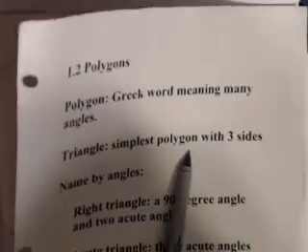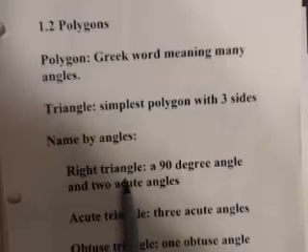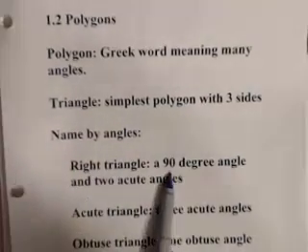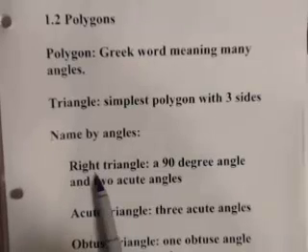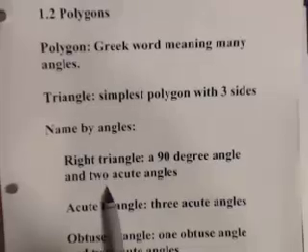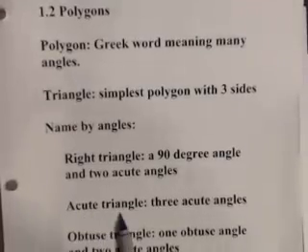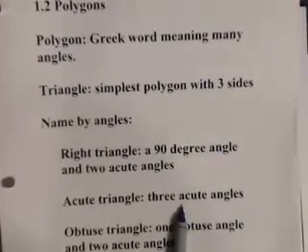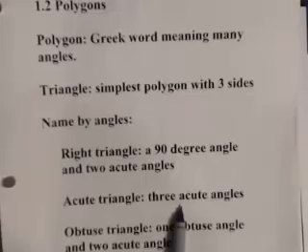And if we name the triangle by its angle measures, then we know that we have a 90-degree angle, and the triangle is called a right triangle, and there will be 2 acute angles in that triangle. An acute triangle has all 3 angles less than 90 degrees and greater than 0.